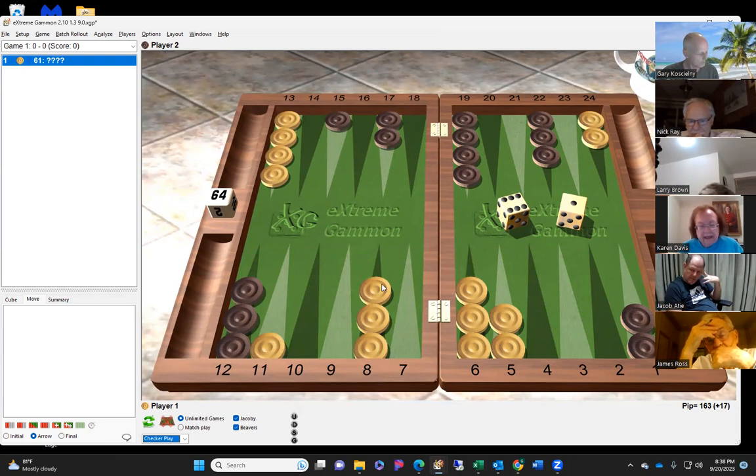One point about coming down 13-7 is that nearly all 6s are good for him. 6-2 makes the 4-point, 6-1 makes the 18-point, 6-3 makes the 18-point, 6-5 runs, 6-4 makes the 4 as well as 6-2, double 6s. Those are all good points. So this is a tough one.